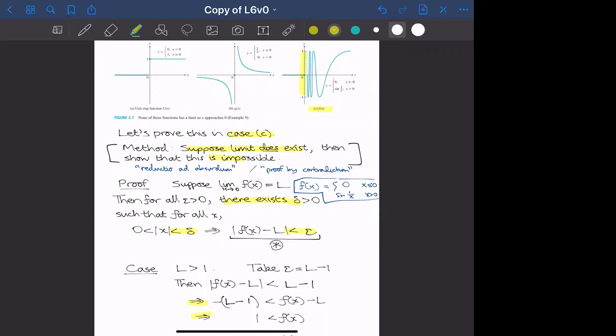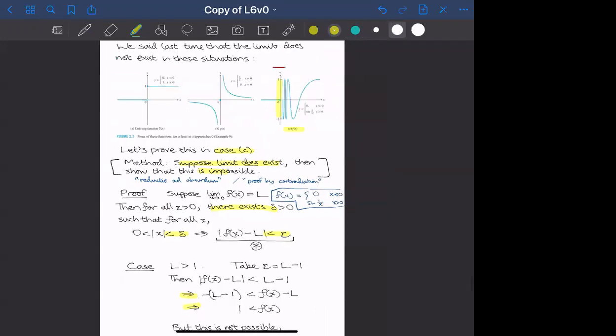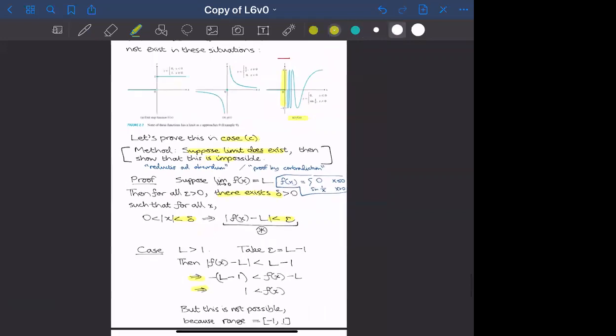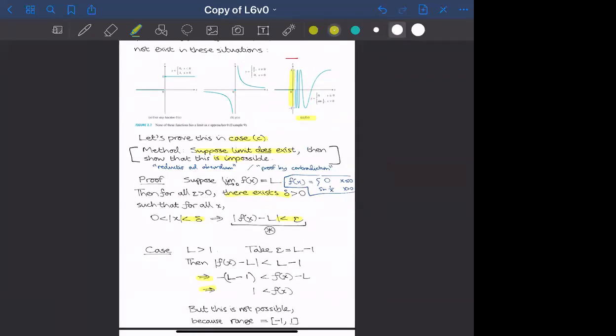But that's impossible because we know the range of f(x) is between minus 1 and 1. We can see that from the definition. So in that case, when L is greater than 1, the limit gives a contradiction. You can see this case is impossible.